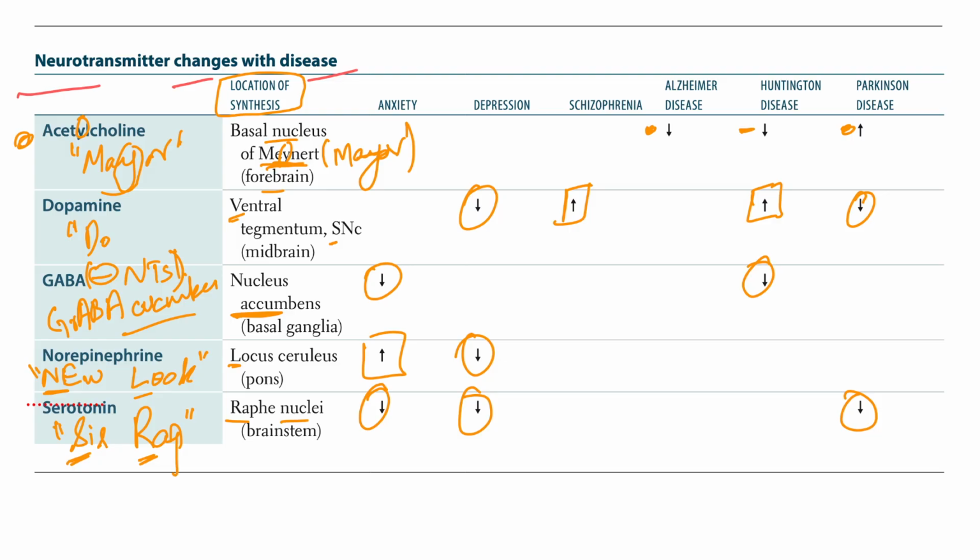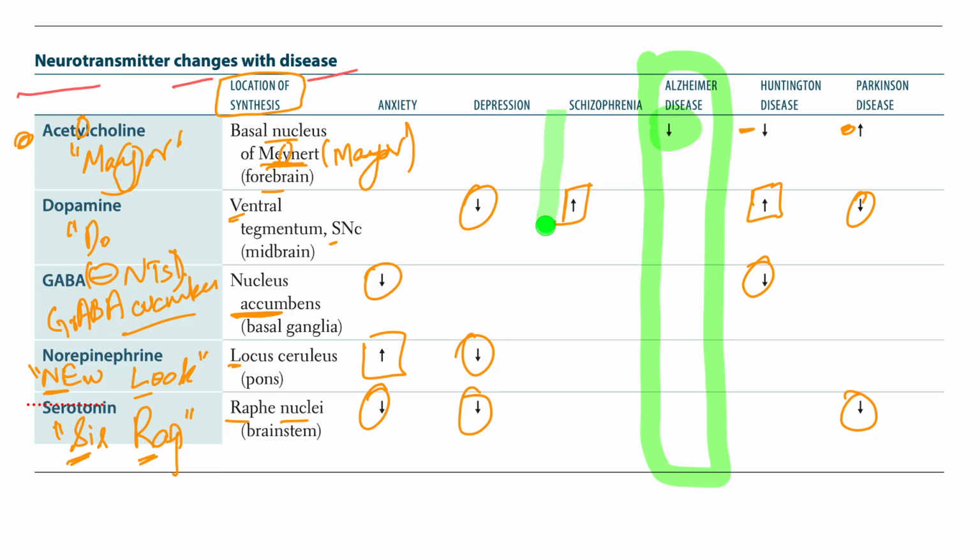So let's look at the acetylcholine. For the whole Alzheimer's, all you have is just low acetylcholine. For schizophrenia, all you have is just high dopamine.